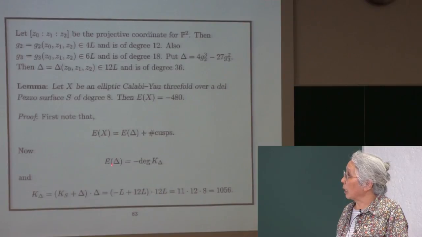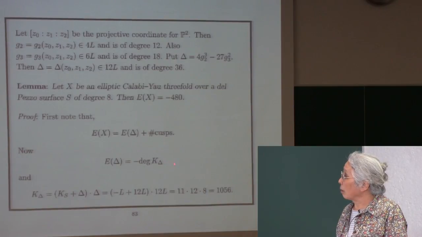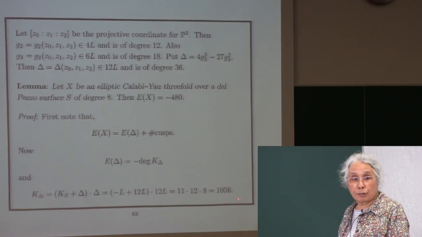And the Euler characteristic of the discriminant is just minus the degree of the canonical bundle, here (K_S plus delta) times delta. I have already computed what K_S is, and delta is 12L here. So if you compute this, you get 1056.